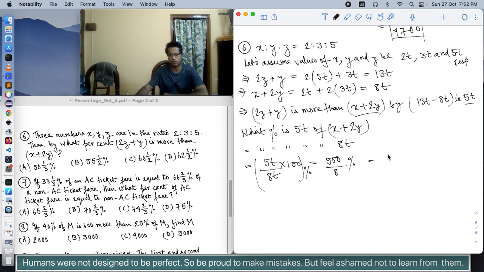If you simplify, divide 500 and 8 by 4, we get 125 by 2 percentage, which as a mixed fraction is 62 and half percentage.